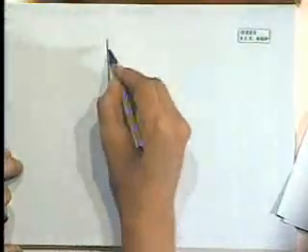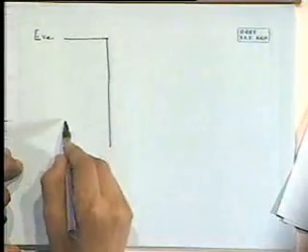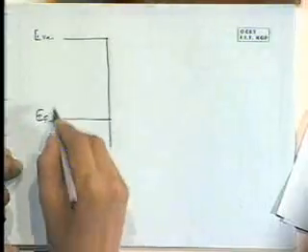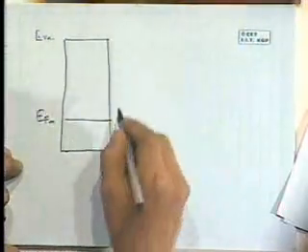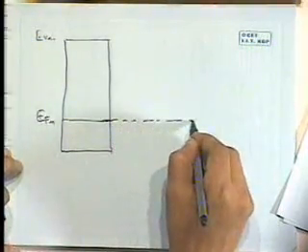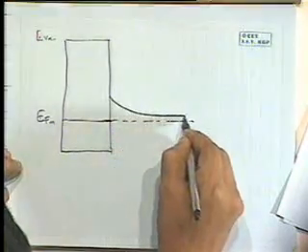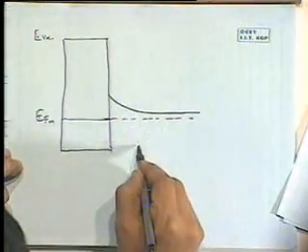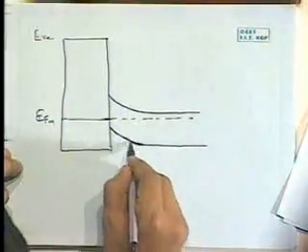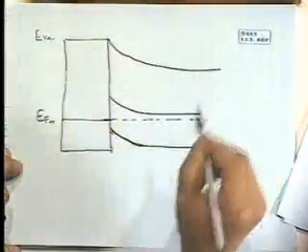We can redraw this then. After contact, here's the vacuum level, here's the metal work function or metal Fermi level, and then we have the situation that the Fermi levels are the same in both now. Something like that, and then the vacuum level is also.